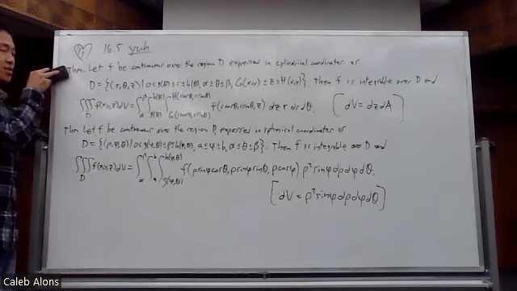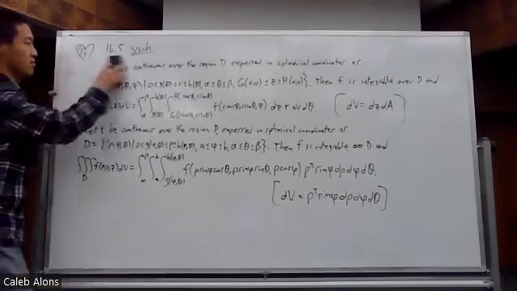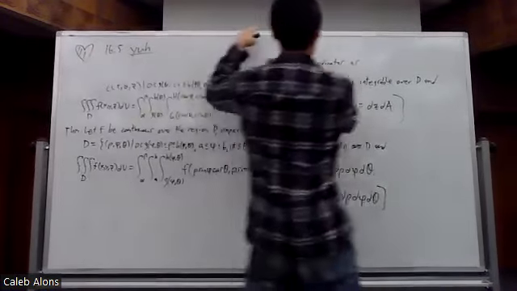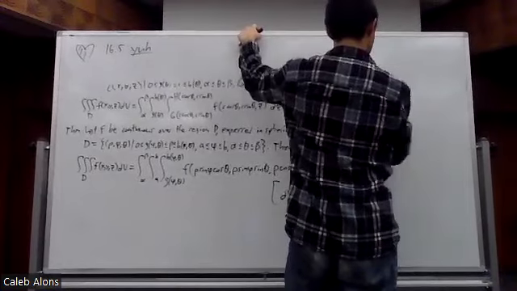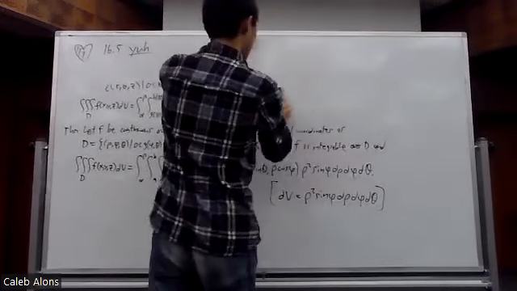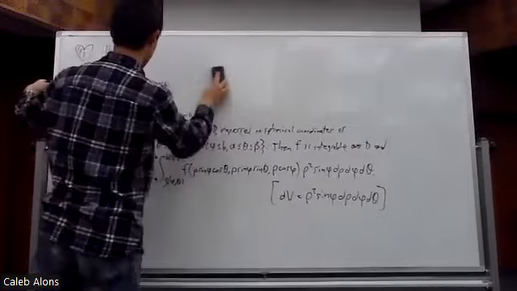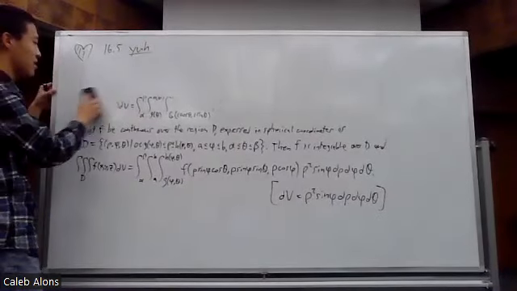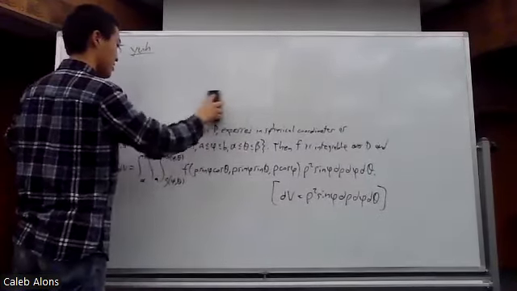Are we good to erase at least the top? Okay, because then I can write what the question is. Everybody, in spherical coordinates, what is dV?